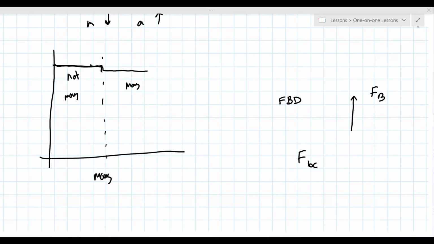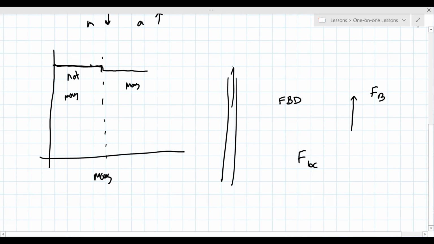Oh, they're all true? Oh, they all are true. That's odd. So the forces exerted on the two objects by the rope must be in the direction of the rope. What does that mean? If this is the rope, they have to go up and down.